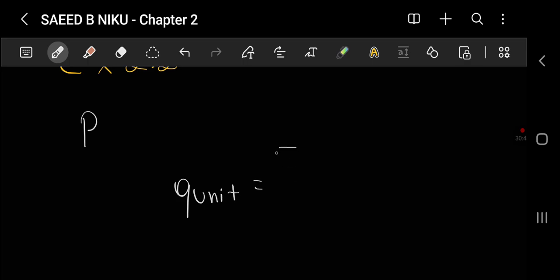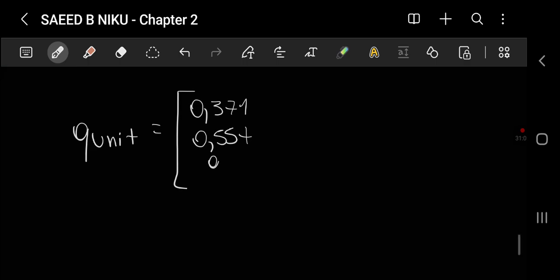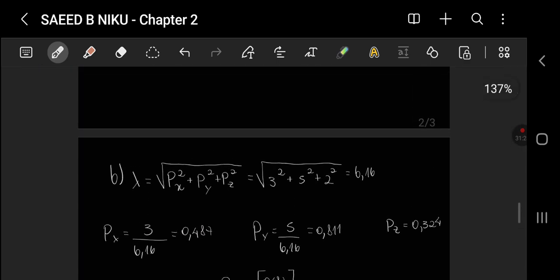So we have this unit vector Q, represented in this matrix, and this component is not given, and we have to find this component Qz, and without this component we cannot know what P is.